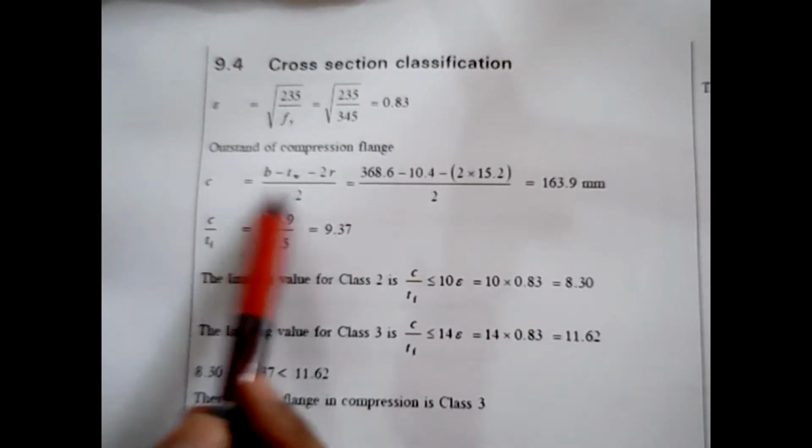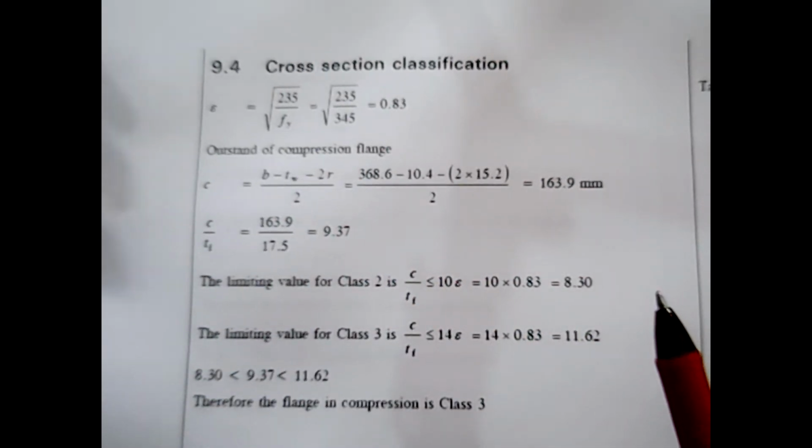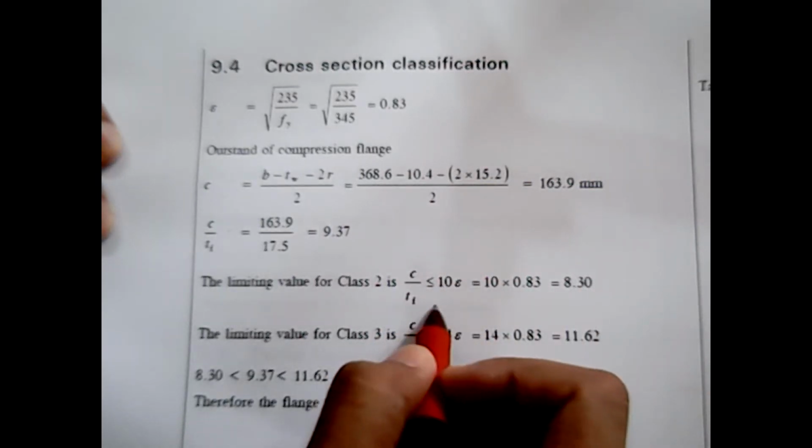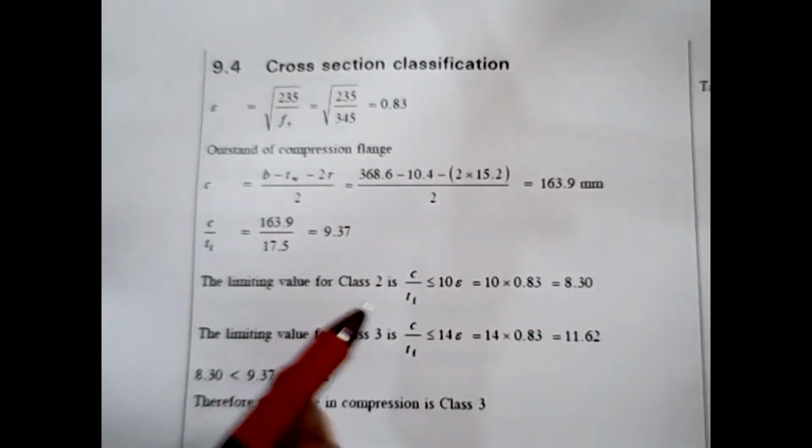However, if you are not analyzing by using the equations, you can still find the c over tf and c over tw values by looking straight at your section dimensional properties. Then you can check whether your c over tf is less than the limit.